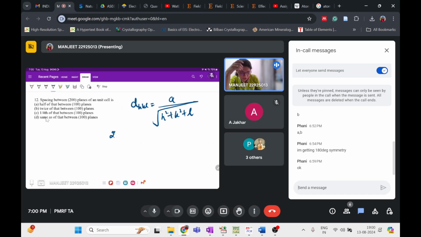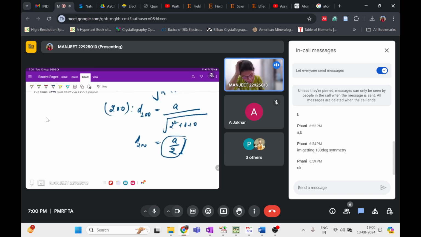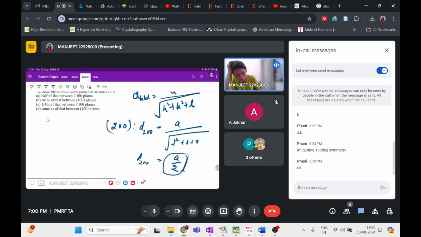For 200, the interplanar spacing will be a divided by the square root of 2 squared plus 0 plus 0, which gives you a by 2. Okay, for the 200 plane, the interplanar spacing is a by 2. And now in the question they have asked to compare with the 100 plane.